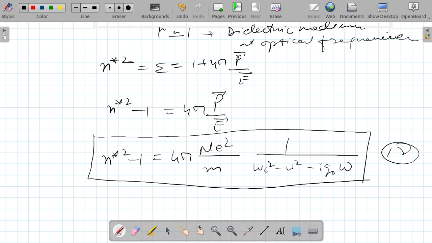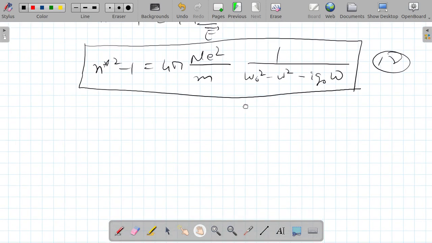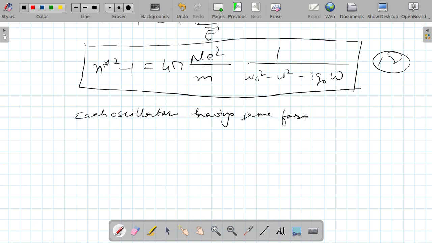So up to here, what I considered is that the medium contains oscillators, and each oscillator has the same force constant and the same natural frequency.